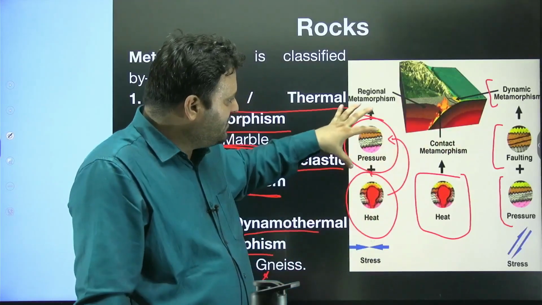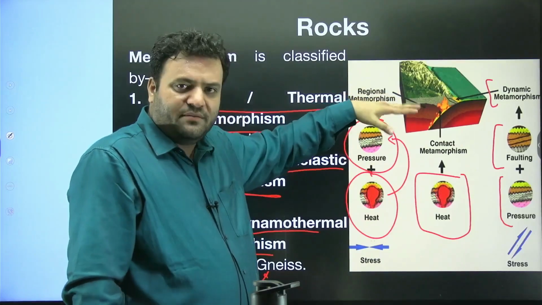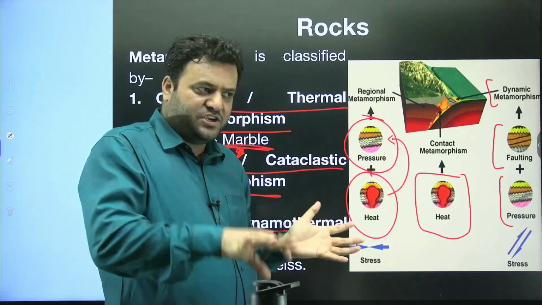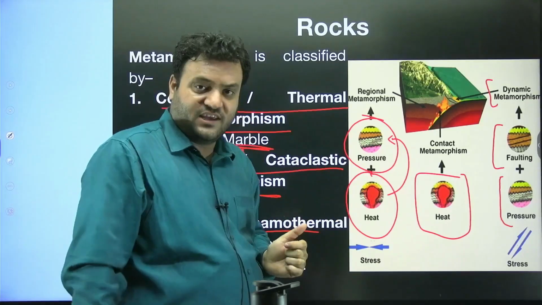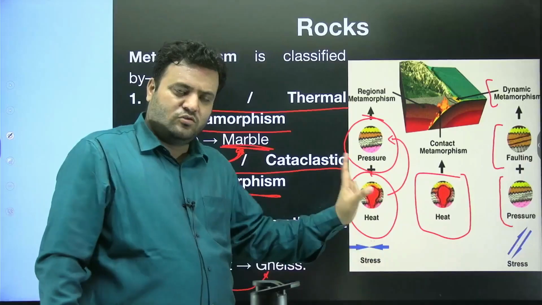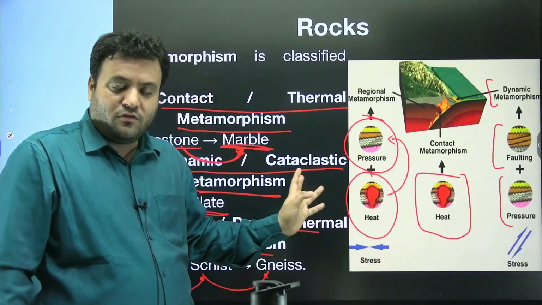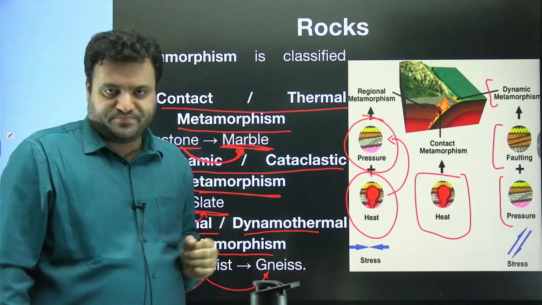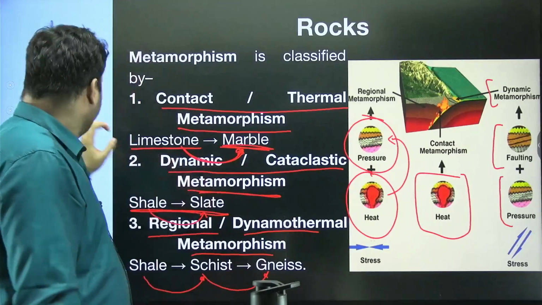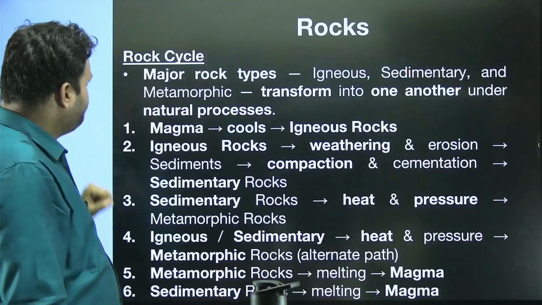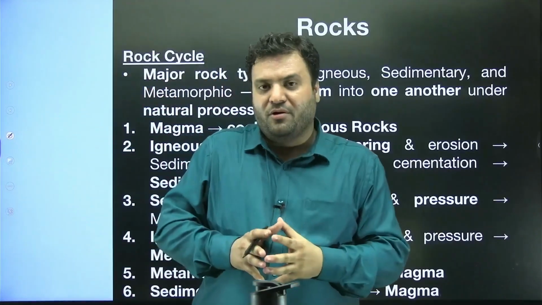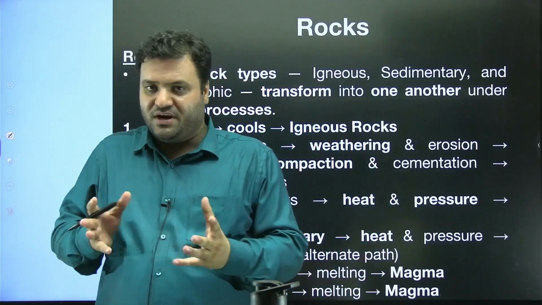And if there is some depth from the crust, there we have heat as well as pressure from overlying rocks, and we would have the formation of metamorphic rocks. Those are termed the result of regional metamorphism. So that's all about the properties of metamorphic rocks.